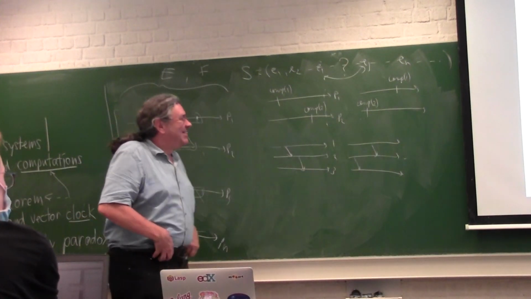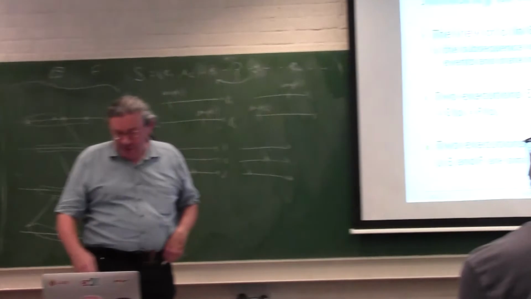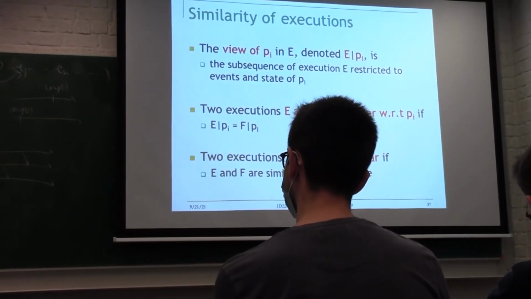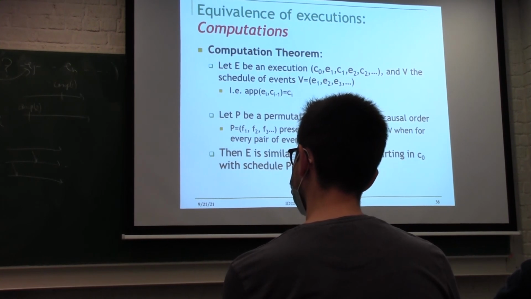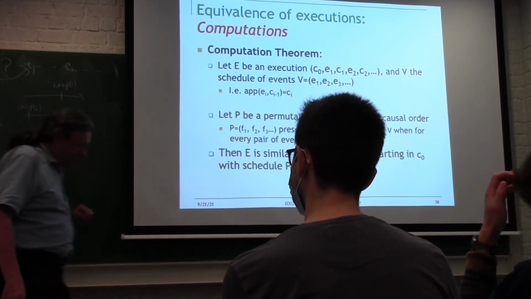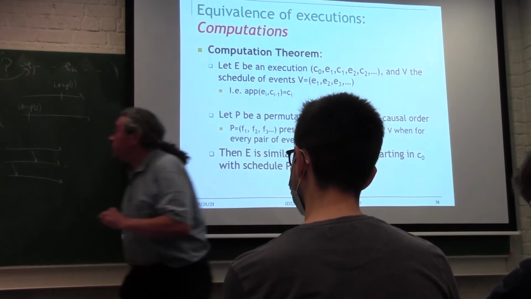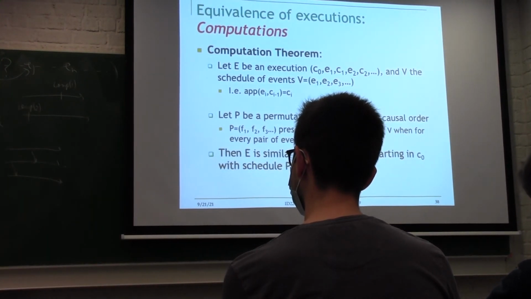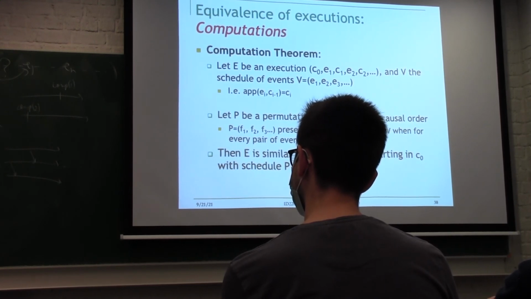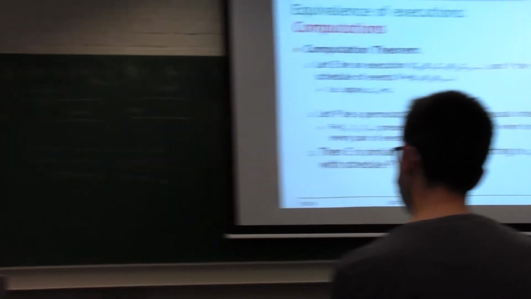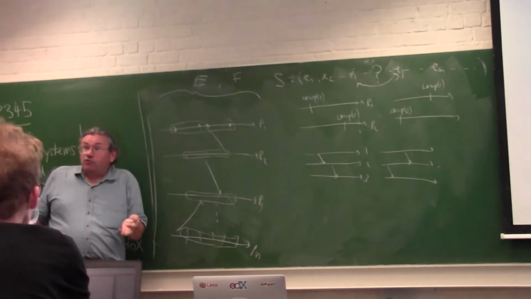Actually, we can say something very interesting now. There's a theorem that we can say. The connection between E and F is related to causal order. If we have two executions E and F that look exactly the same to all the nodes, that means as far as the nodes are concerned, they're doing the same thing.